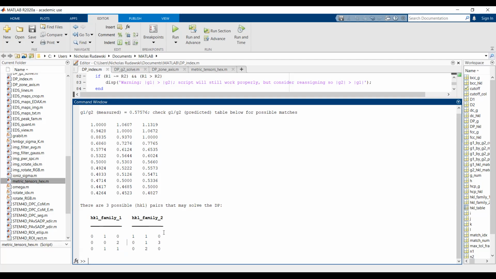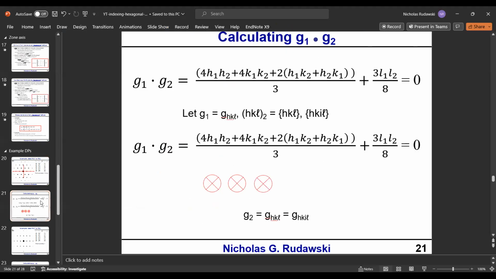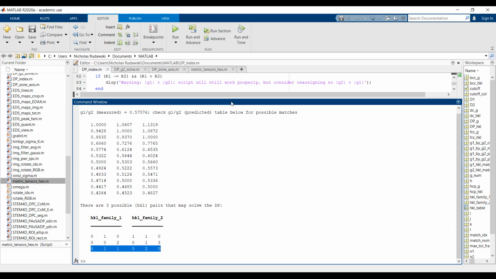So now we can look at this guy here as well. So 0, 1, 1, and 0, 2, 0. So let's go back here. I put a little space here to do some working. So this is the equation here for the dot products. So we have 0, 1, 1, and 0, 2, 0.